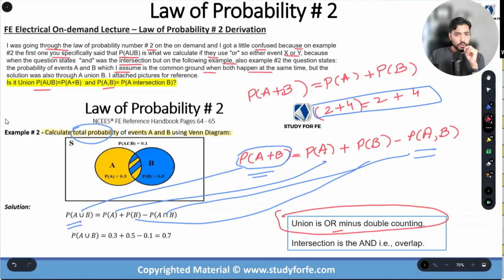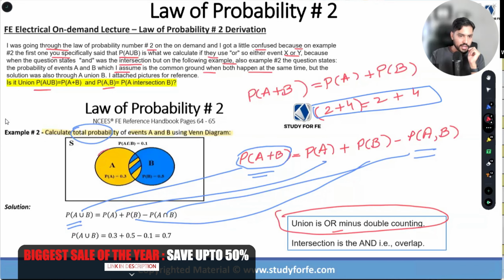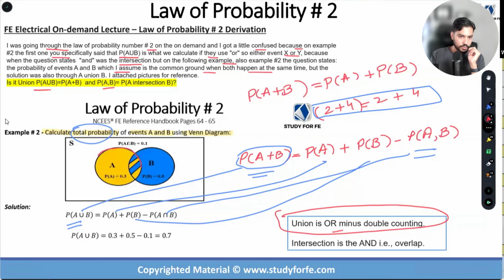But as I explained in the on-demand lecture in detail, if you just focus on this outline that I'm drawing in red on A. So take this entire yellow circle, okay? And you make a copy of it, Control C, and bring it out over here, correct?